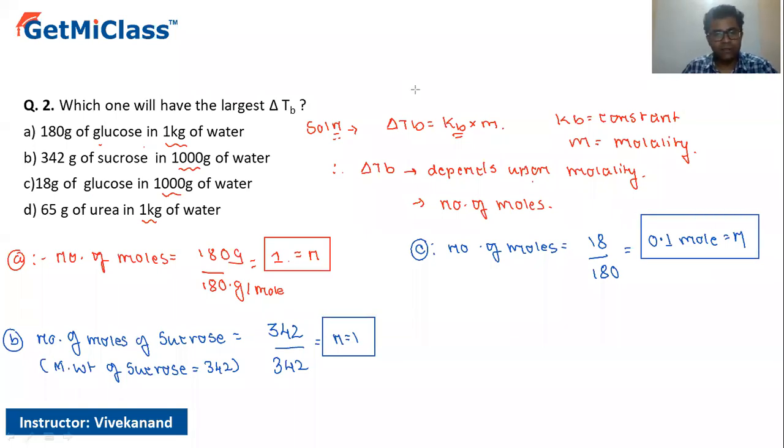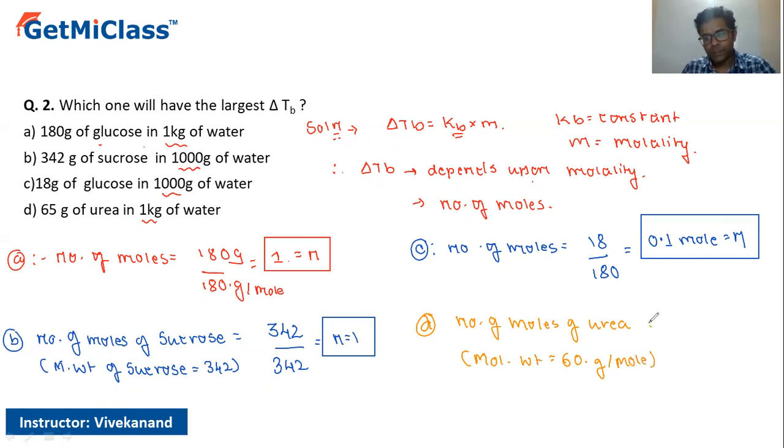And finally, we will go with the last one, that is option D. Option D, 65 grams of urea. So the number of moles of urea: the molecular weight is 60 grams per mole.